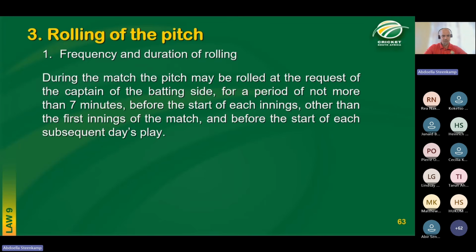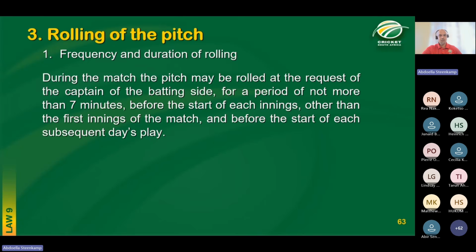The fourth umpire will supervise before South Africa goes to bat in their second innings, and make sure that the medium roller is used for 5 minutes. And as soon as South Africa is dismissed in their second innings, before Zimbabwe go bat in their second innings, exactly the same will happen. So that's before the start of each subsequent innings.